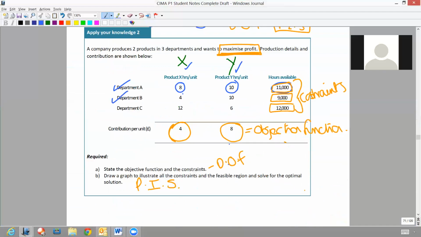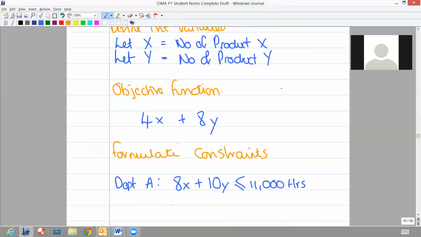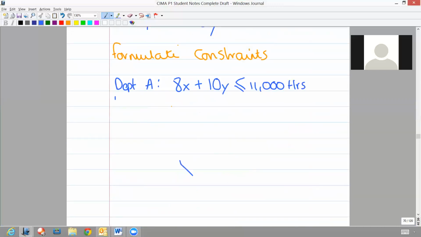You then need to go on to your next constraint, which is Department B. For Department B, we need 4 in every X and 10 in every Y, and we've got a maximum of 9,000. So Department B shows that we've got 4x and 10y, but that must be equal to or less than 9,000 hours.